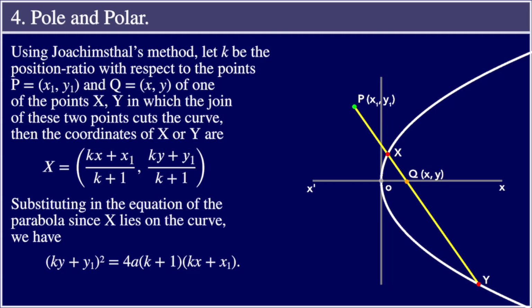Then the coordinates of X or Y are ((kx + x₁)/(k + 1), (ky + y₁)/(k + 1)). Substituting in the equation of the parabola, since X lies on the curve, we have (ky + y₁)² = 4a(k + 1)(kx + x₁).